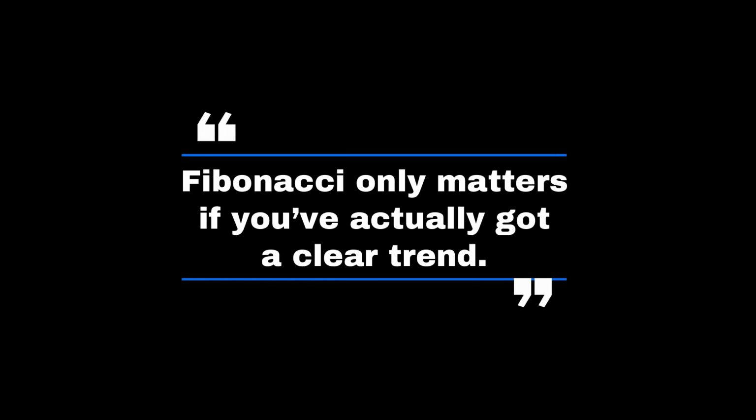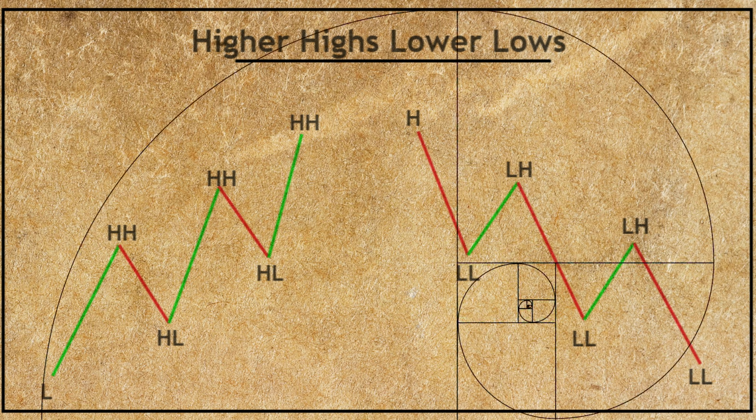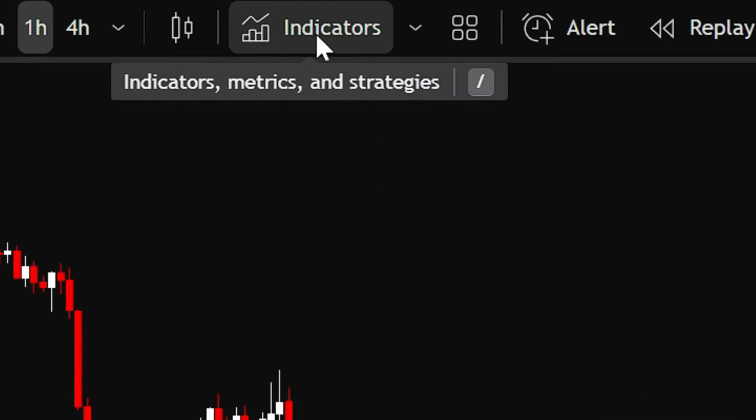Now before you start drawing fibs everywhere, slow down. Fibonacci only makes sense if there's a clear trend. In an uptrend, you've got higher highs and higher lows. In a downtrend, lower highs and lower lows. Still unsure? Drop a moving average on the chart.